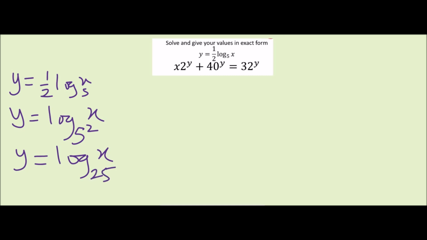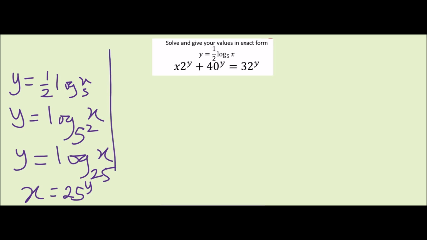So I need to convert these to exponential form. Converting logarithm to exponential form is simple. This base here will still be the base and this will be the power. So it's very simple. This becomes x equal 25 to the power of y. Now I've made x the subject of formula from the first equation.